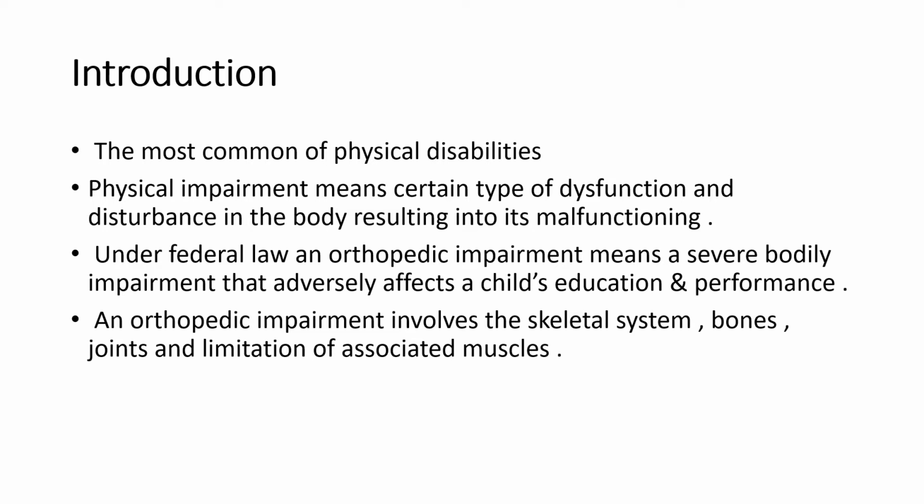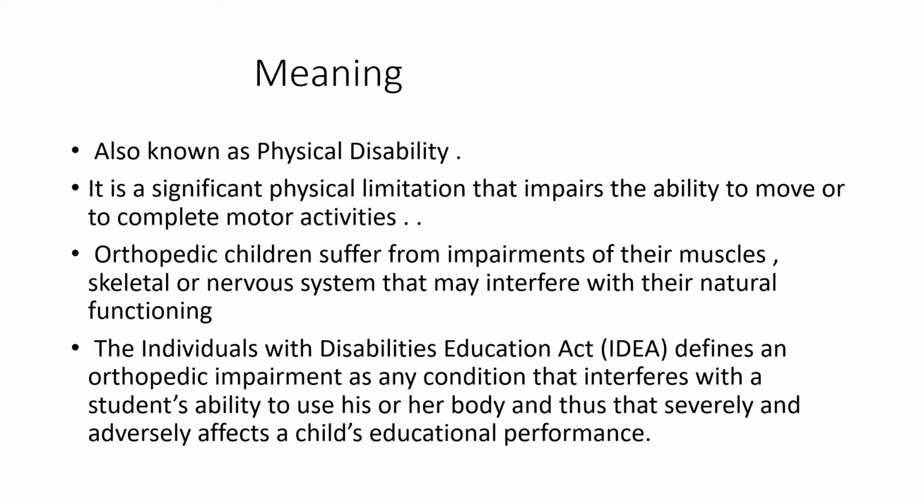An orthopedic impairment involves the skeletal system, bones, joints, and limitations of associated muscles. It is also known as physical disability. It is a significant physical limitation that impairs the ability to move or to complete motor activities.